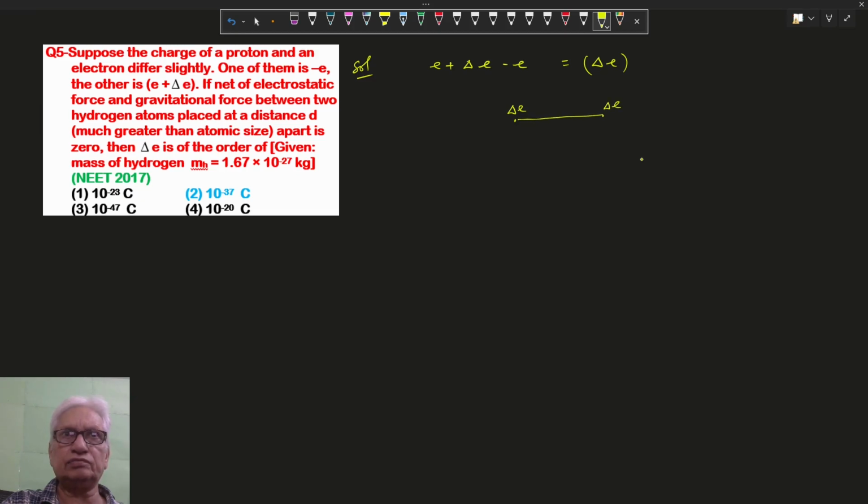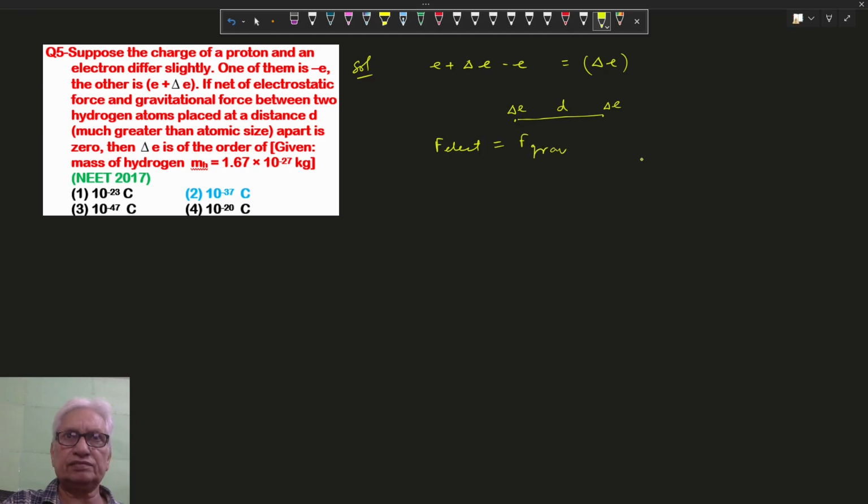There are two atoms at a gap of d. Now we have to find the force and net force. Electrostatic and gravitational, they are also equal. So here electrical force equals gravitational force.